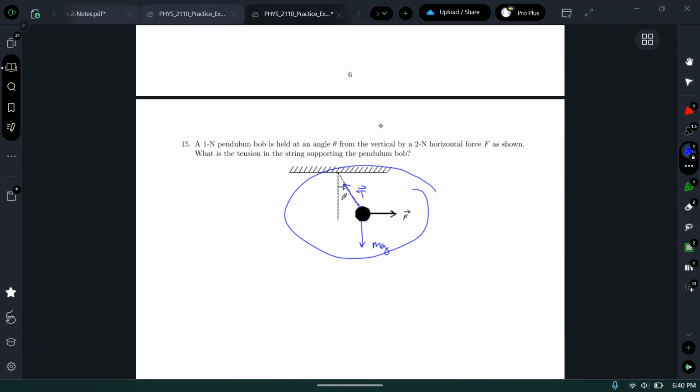We've got whatever this applied force F is, and then weight. So tension, mg and F. I would choose these axes because then I just need the components for tension. I see this angle is given as theta.